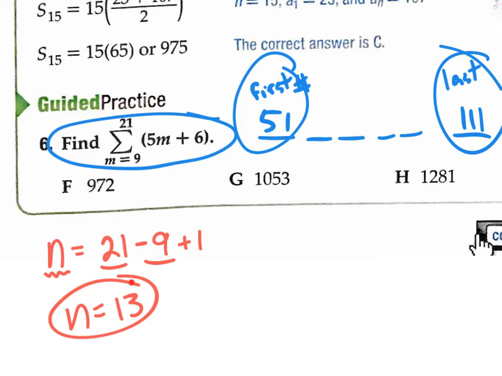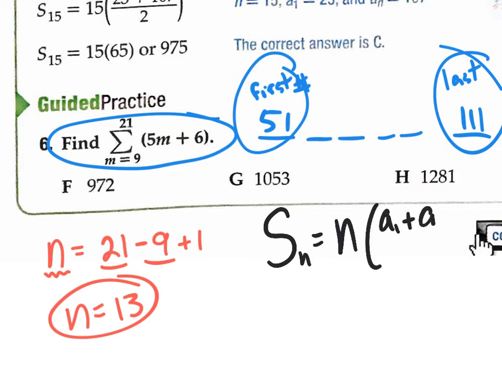And now that we know our n, our a sub 1, our first number, and our a sub n, our last number, we can actually use the summation formula, which is n times the first number plus the last number, divided by 2. So let's actually work this out.